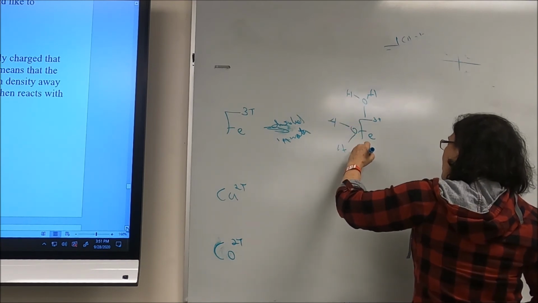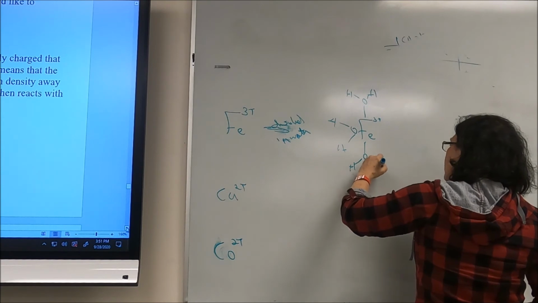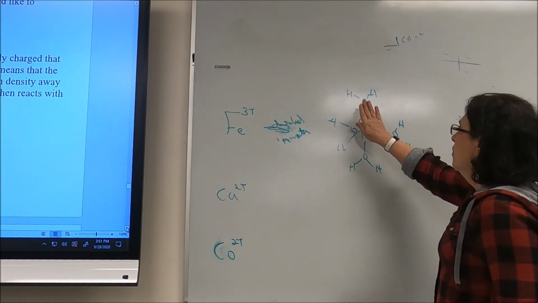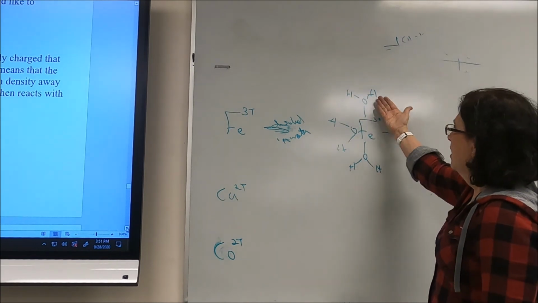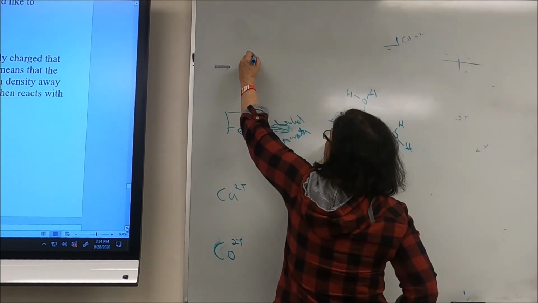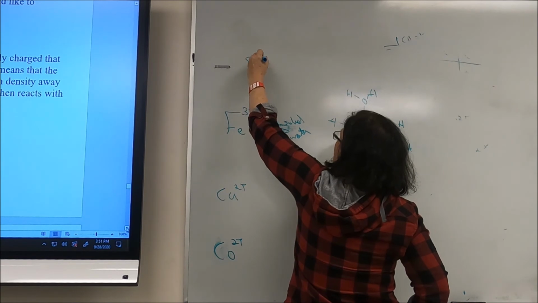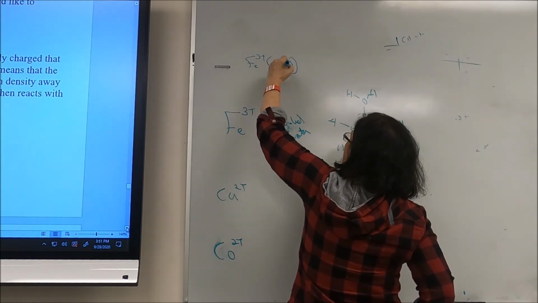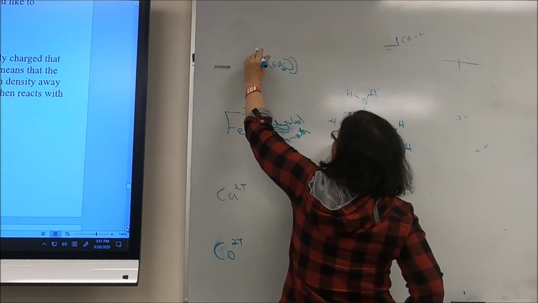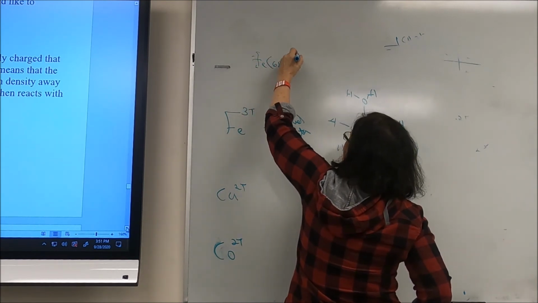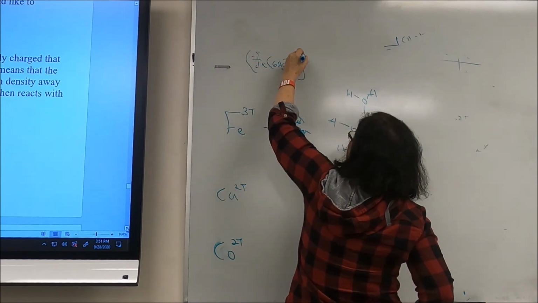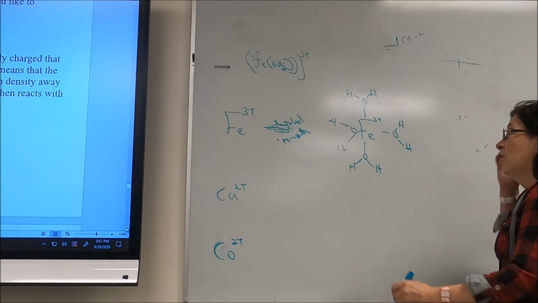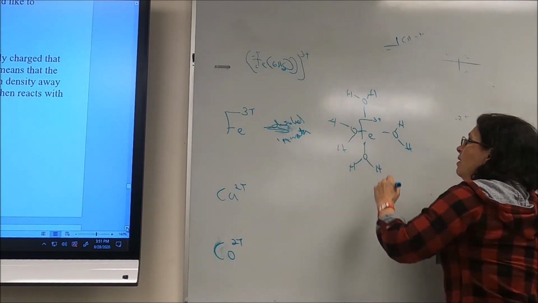I'm doing a very crude drawing here. There's also another water molecule out here and another water molecule behind. So you get Fe, 6H2O, and the whole thing has a 3+ charge. These are called complexes.